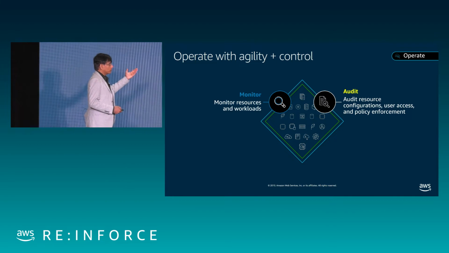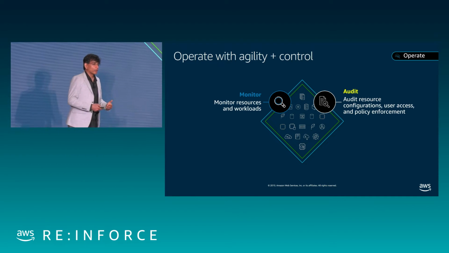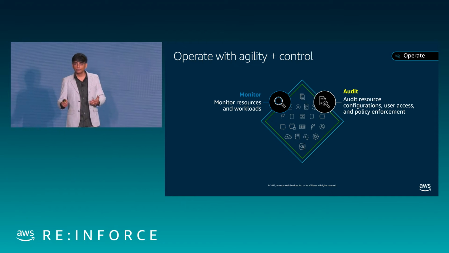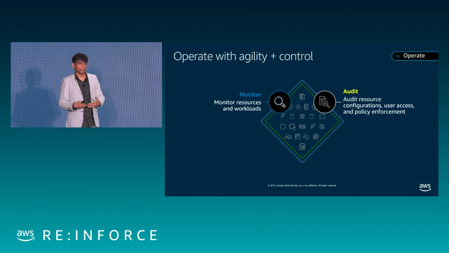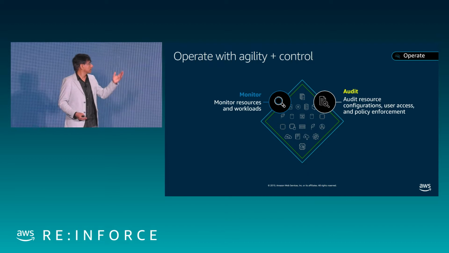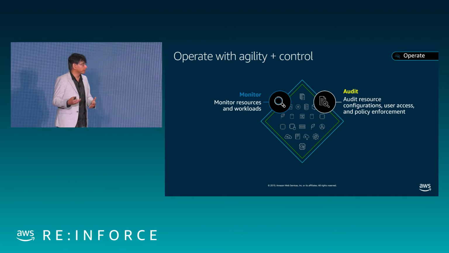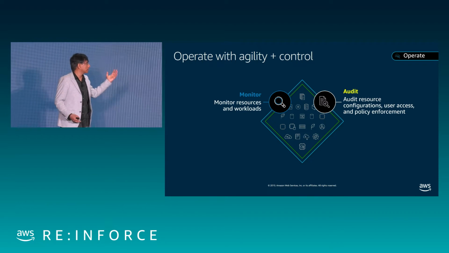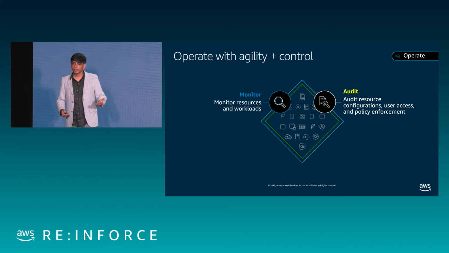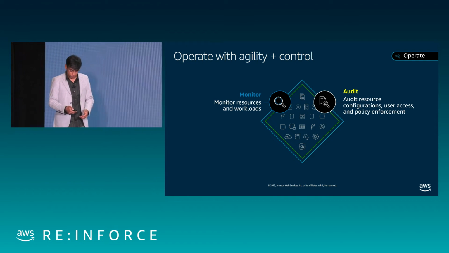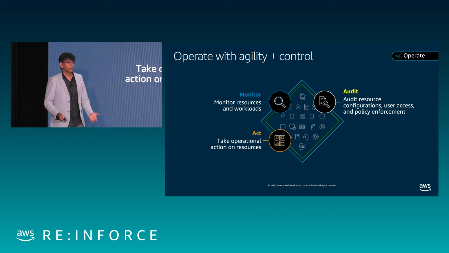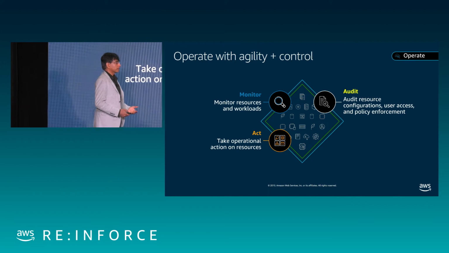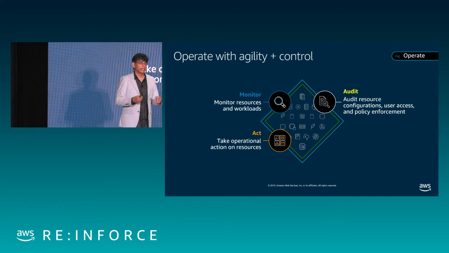I talked about how, for audit purposes, auditors that you give access to are able to get into accounts with read access, and then audit for resource configurations, who has access to what, and which guardrails have been enforced on those accounts. And Control Tower lets you act on things because of how we automatically configure it with SSO.